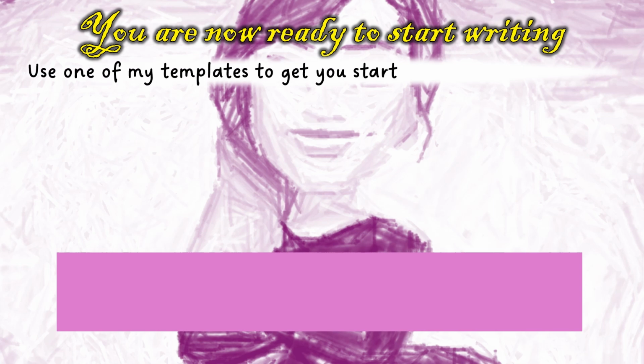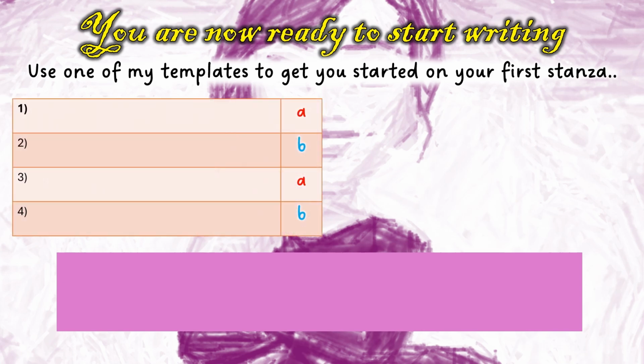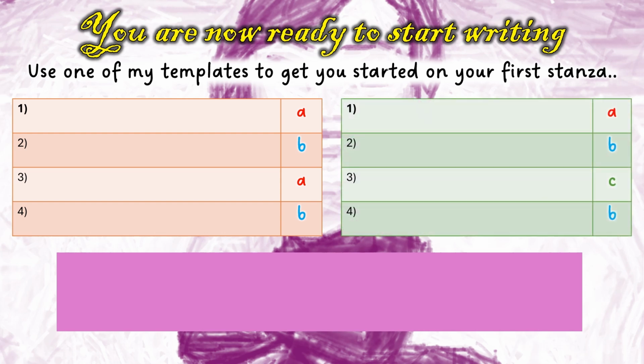Why don't you use one of my templates to get you started on your first stanza? Either using the ABAB rhyme scheme or ABCB. Why don't you jot one of these tables down in your notebook.